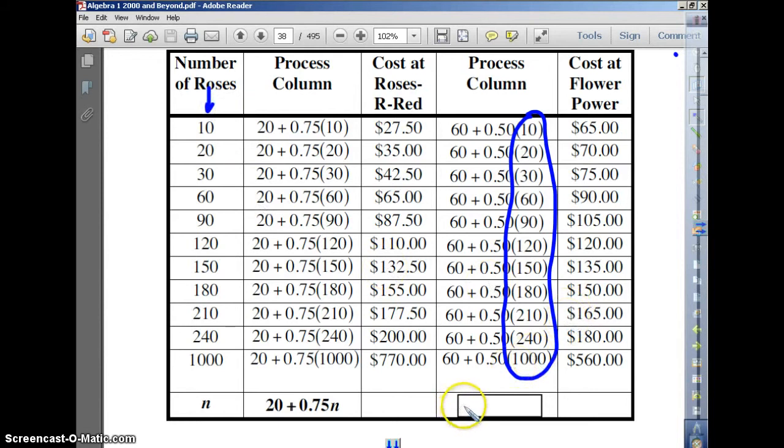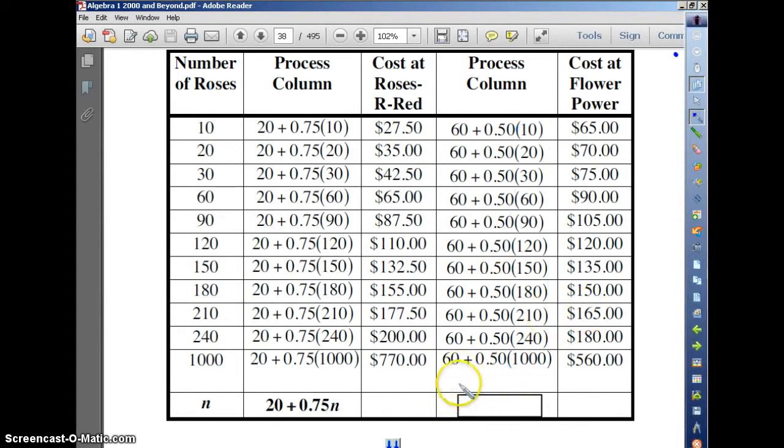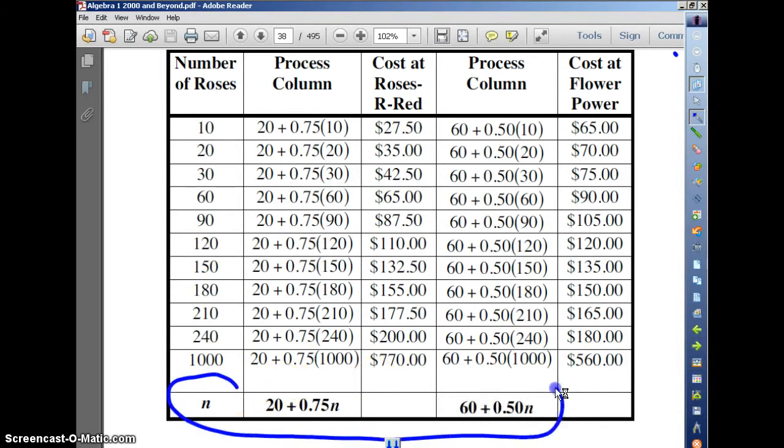So down here in our process, we can write that the cost at Flower Power is 60 plus 50 cents for every flower times what? Yeah, times the number of flowers. So do your expressions for the cost for both look like mine? Okay, great. Let's move on.